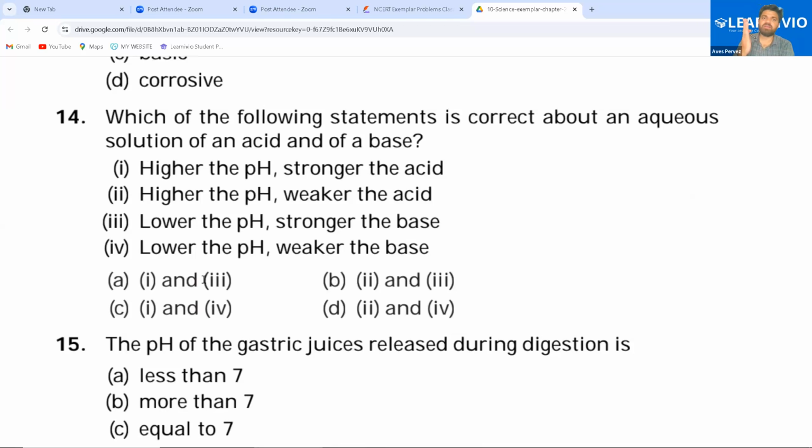Assume that the more acidic, the lesser the pH. What should be the answer for question number 14?